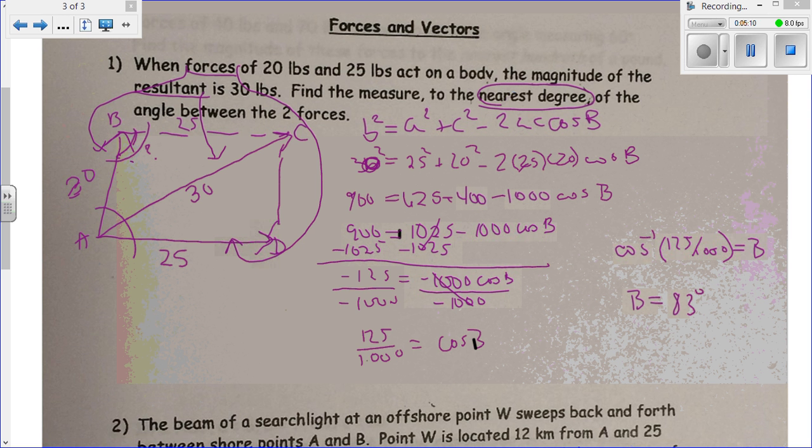So up here is 83. So I need to find angle BAD. So that would be 180 minus 83, which is 97 degrees. So that is my final answer.